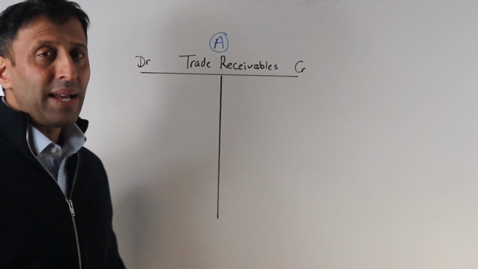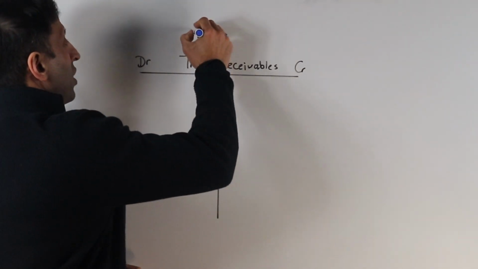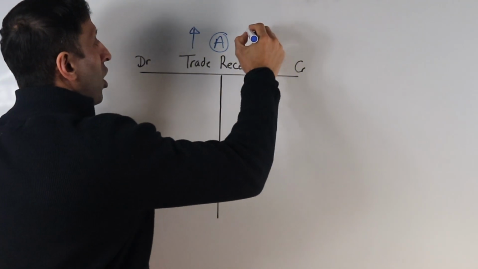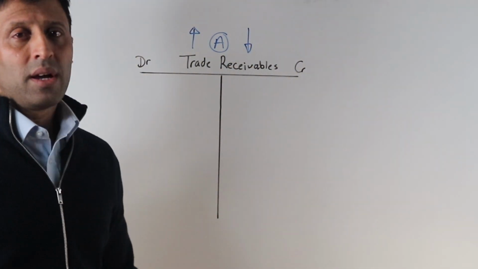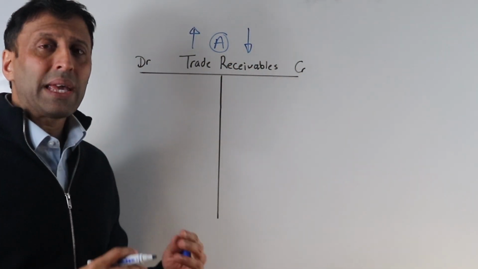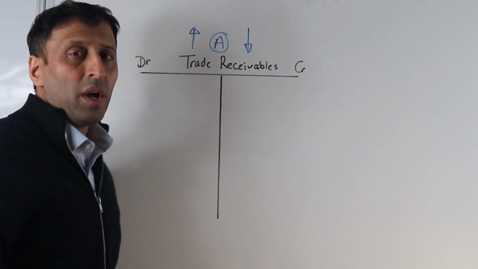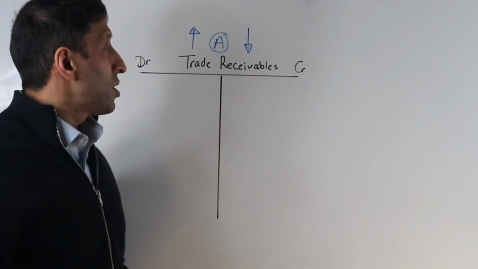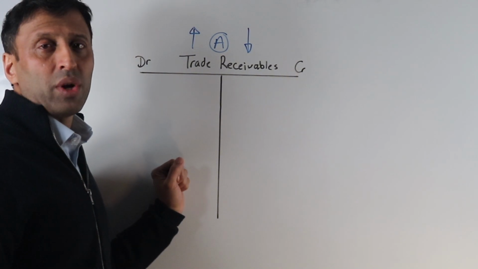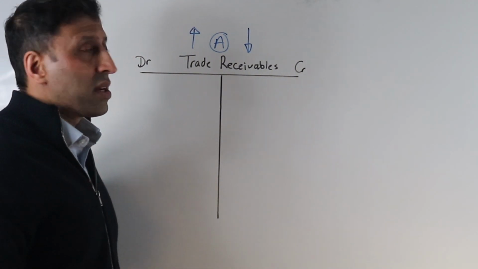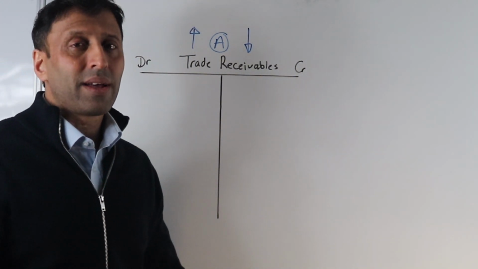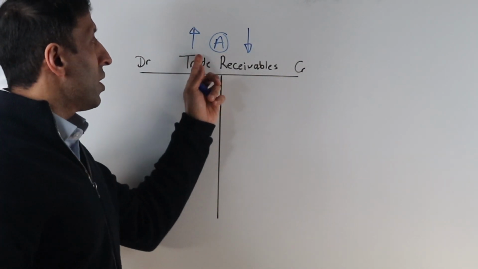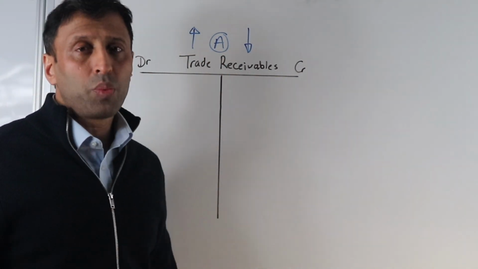So if we made a cash sale, it does not increase the asset of trade receivables and it doesn't decrease the asset of trade receivables. So a cash sale does not go into a trade receivables account. Only a credit sale will go into the debit side of a trade receivables account, because a credit sale means that we made a sale and the customer has not paid at that time, so that will increase the asset, increase how much we are owed.